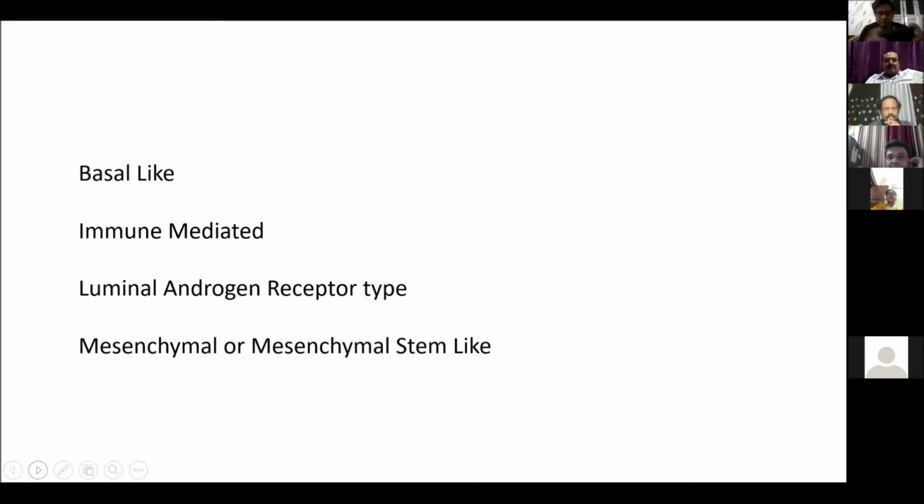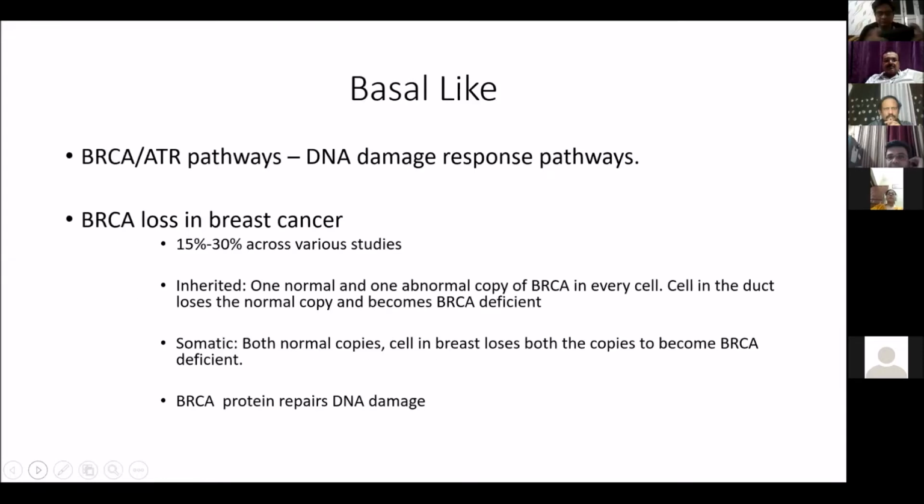So BRCA1 and 2 are basically a DNA damage response pathway. Whenever there are double stranded breaks, it takes care of the DNA damage by means of the homologous recombination pathway. Whenever there is a single stranded break, the DNA gets repaired by the PARP, poly ADP-ribose polymerase pathway, which repairs the single nick on the DNA.